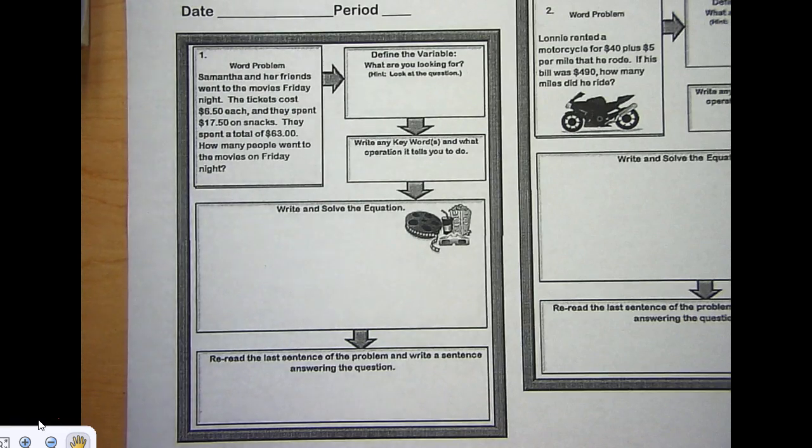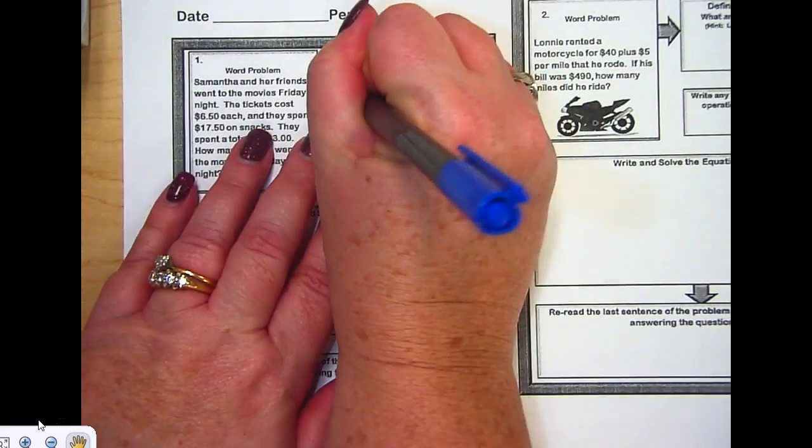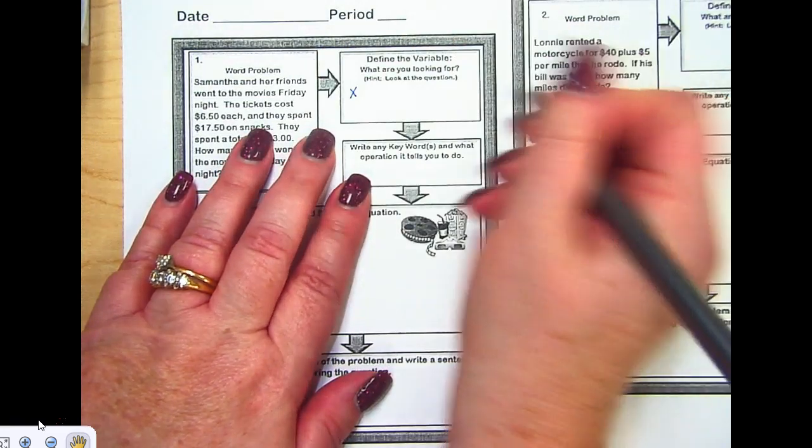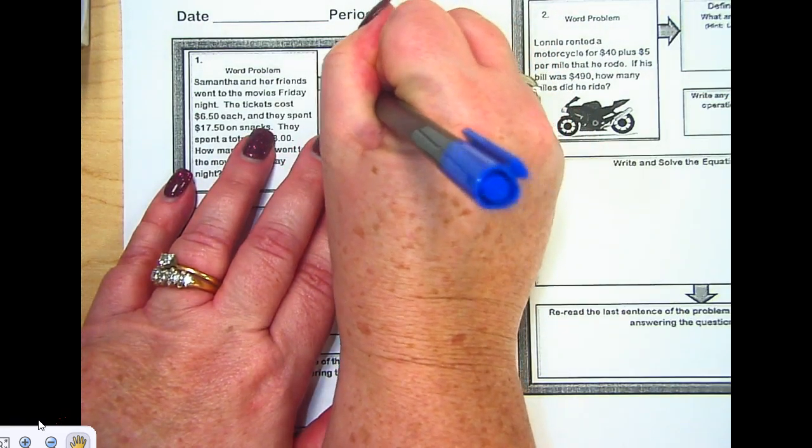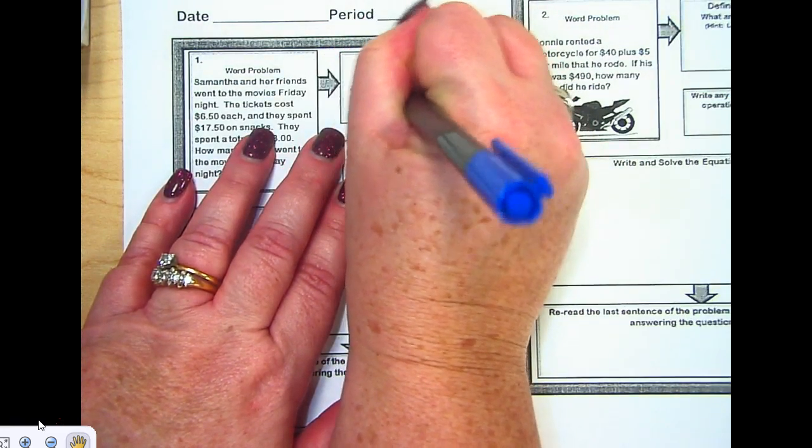So look at the question. What is it that we're looking for in this problem, Autumn? How many people went to the movies? So we're going to just pick a variable. I'm going to use the variable x. And to define the variable, that is going to be the number of people that went to the movies.